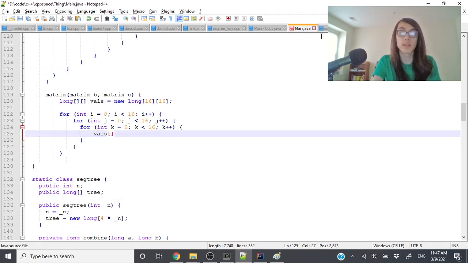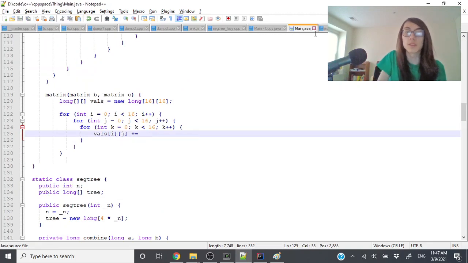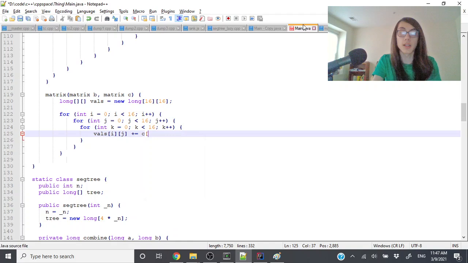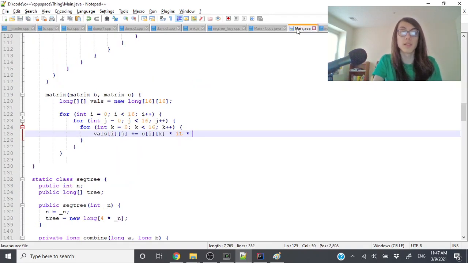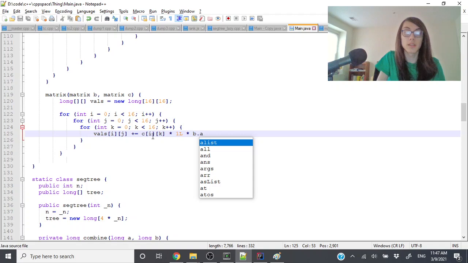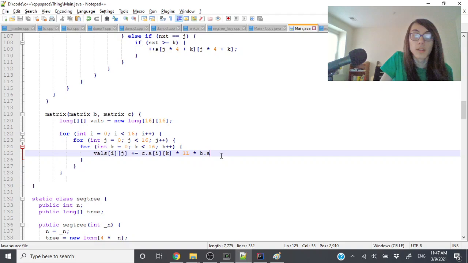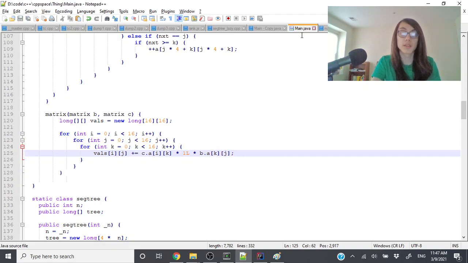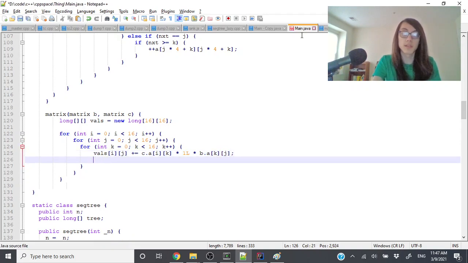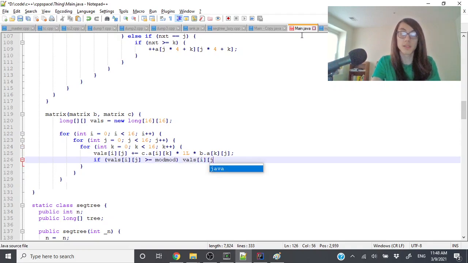Now, vals I j plus equals vals, no. So it's C I K, because we're doing it reverse, times 1L times B dot A. So this should be public. B dot A of K and J. If vals ij is greater than or equal to mod, vals ij minus equals mod.